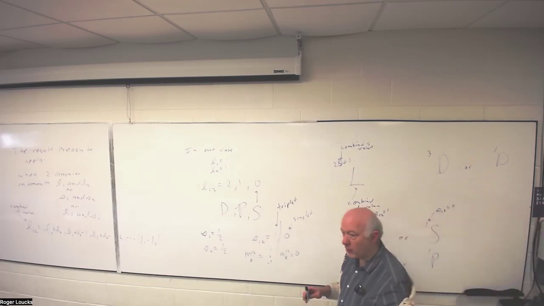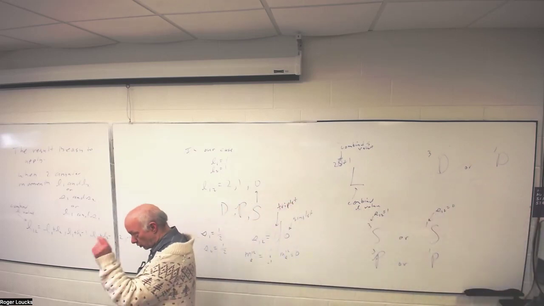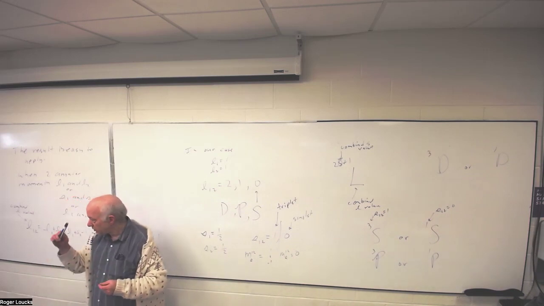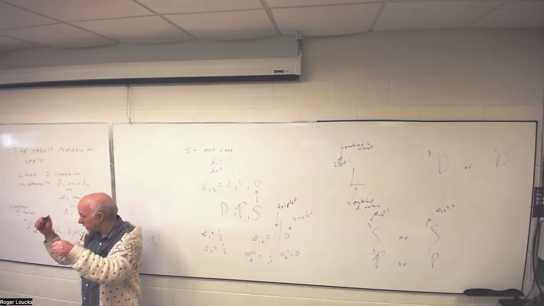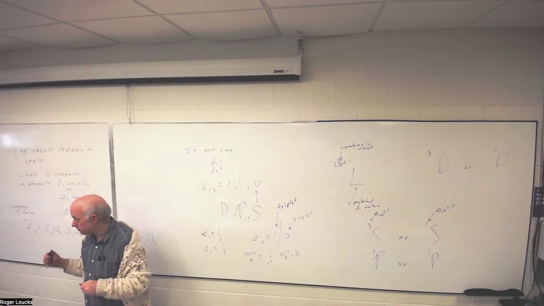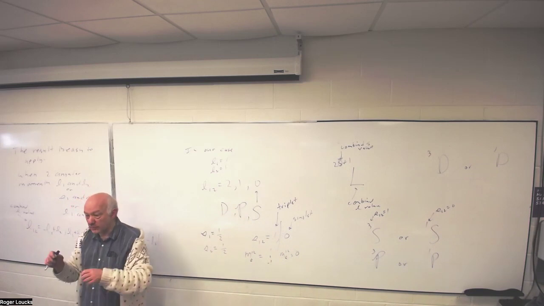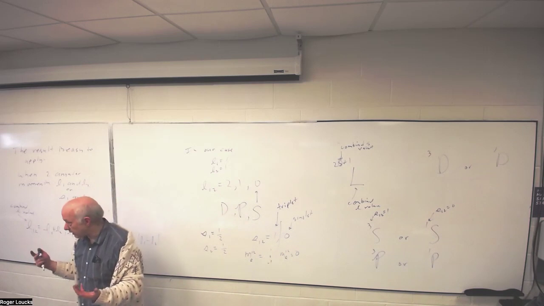Now, orbital angular momentum. Orbital angular momentum is angular momentum. Spin is an angular momentum. What do you think the spin angular momentum and the orbital angular momentum can do? That can couple to make the total angular momentum for the entire system.